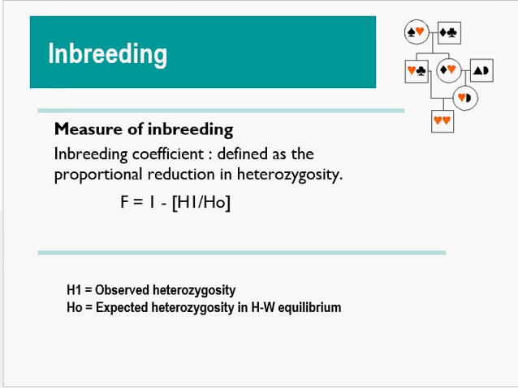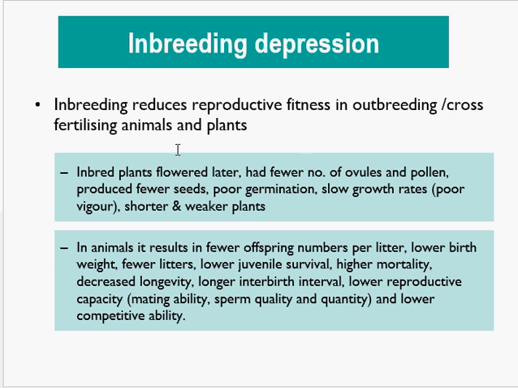So inbreeding reduces the reproductive fitness of both inbred plants and animals. Inbred plants flowered later, had fewer ovules and pollen, produced fewer seeds, and so on. In animals, it results in fewer offspring per litter, lower birth weight, fewer litters, lower juvenile survival, and all of these bad things.